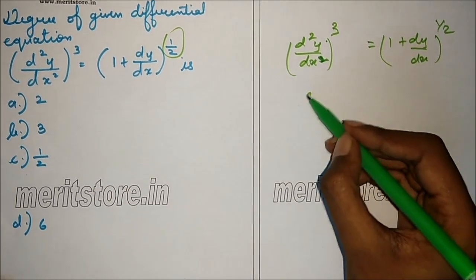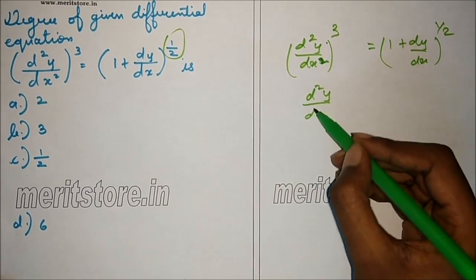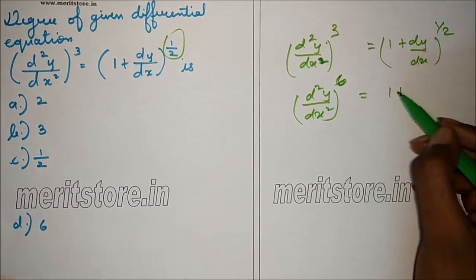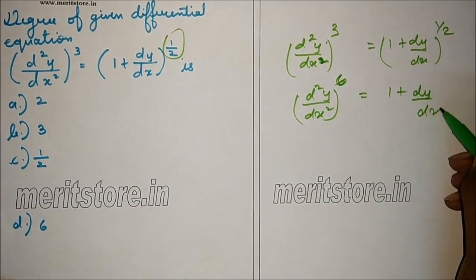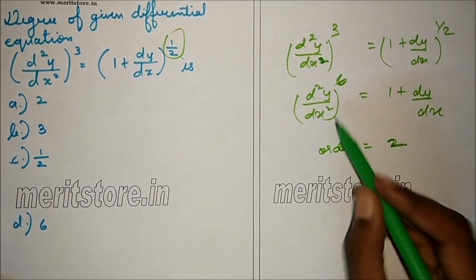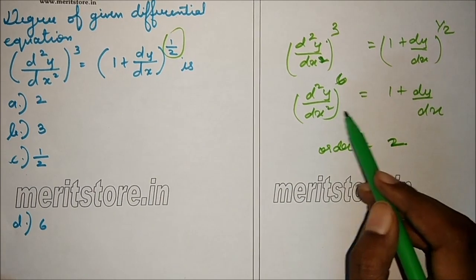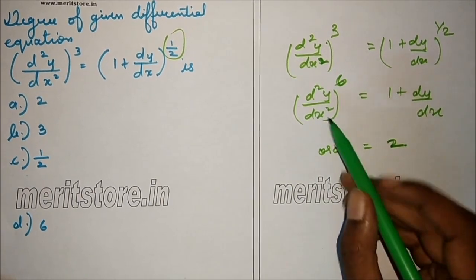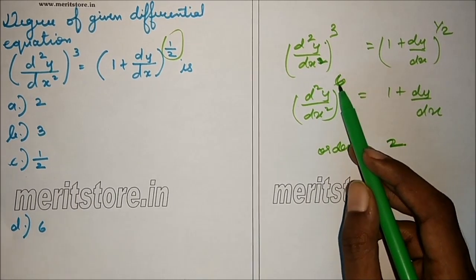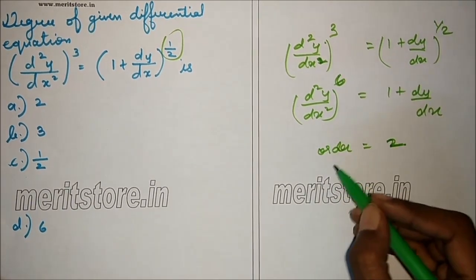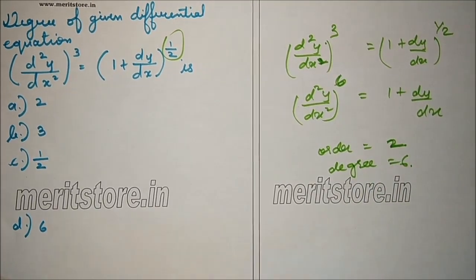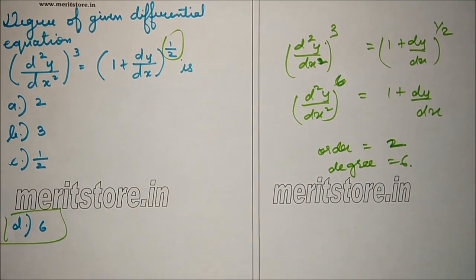Taking square on both sides, we get d2y by dx square raised to 6 equals 1 plus dy by dx. Now the order of the derivative is 2, since the equation is differentiated twice, and the power of the highest order derivative is 6, so the degree will be 6. So the answer is D, 6.